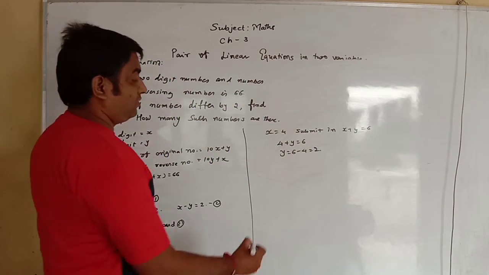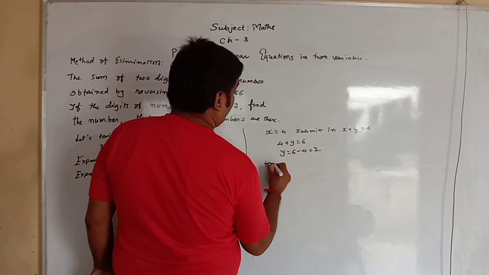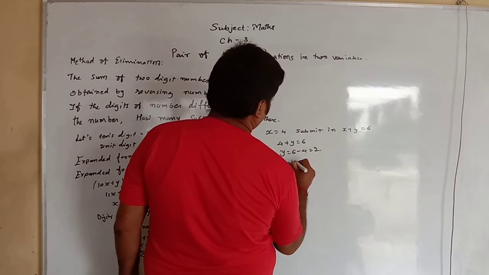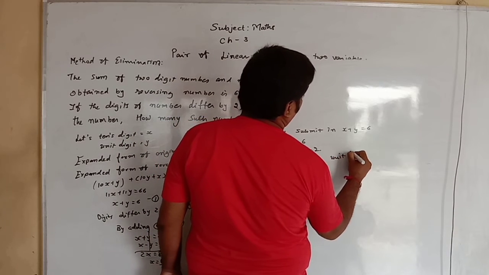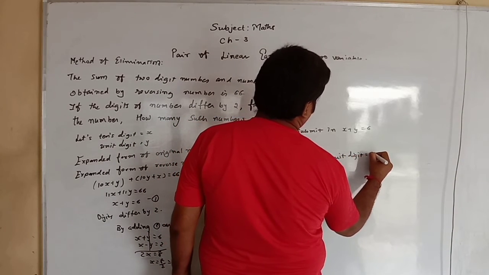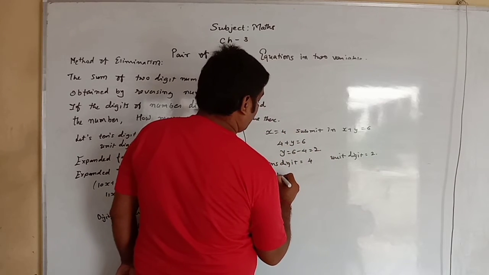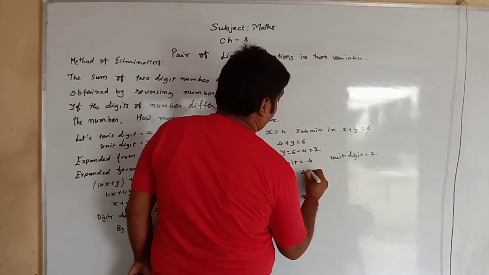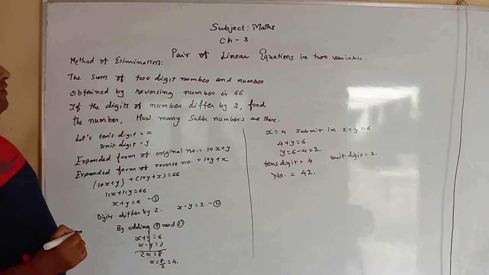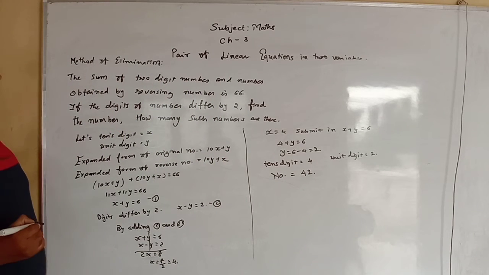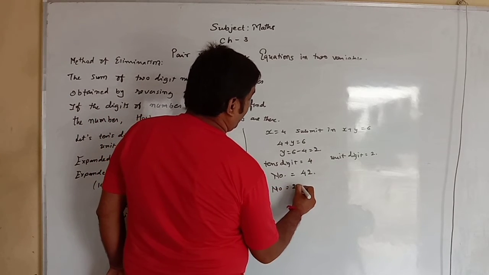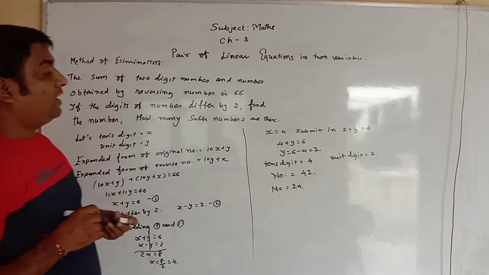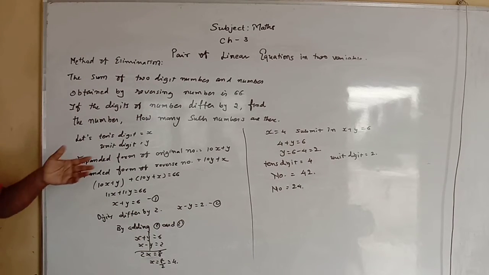So now for the tens digit we have 4 and for the unit digit we have 2, and so the number equals 42. Now here we have taken x as greater, but suppose we take y as greater, then the number will be 24 also, and so there are two such numbers which give the addition of 66.